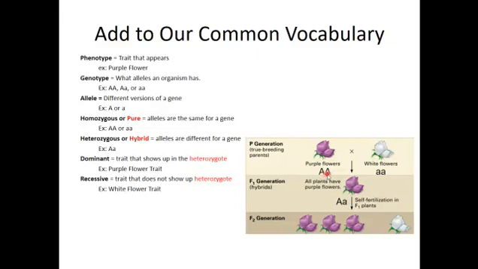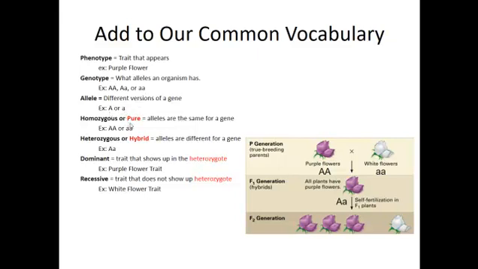So I used a capital A to represent the functional allele for purple color, and a lowercase a to represent the recessive non-functional color of white. So genotype could be a big A, big A, or a big A, little a, or a little a, little a. Alleles are the different versions of the gene, big A or a little a.